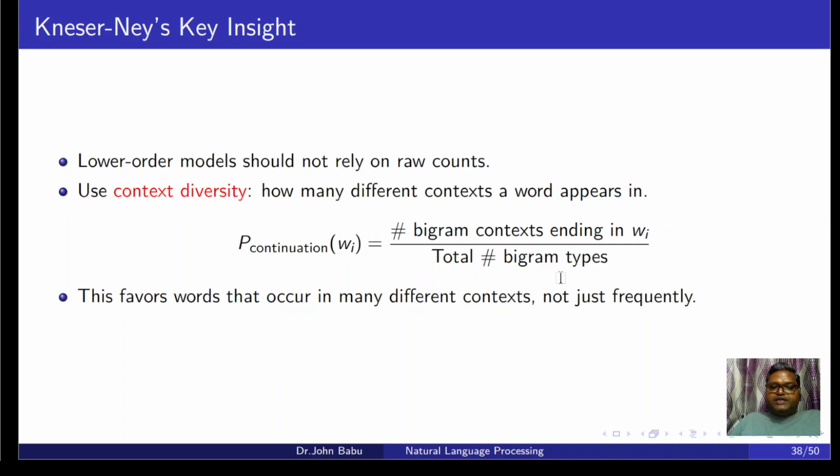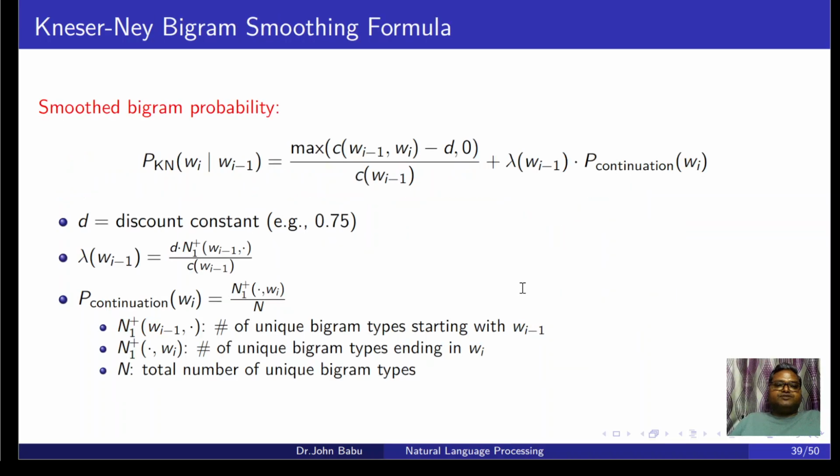So we are not depending only on the count or frequency, but on the context. In the denominator is the total number of bigram types, and in the numerator is the number of bigram types ending with Wi. That is the context diversity.